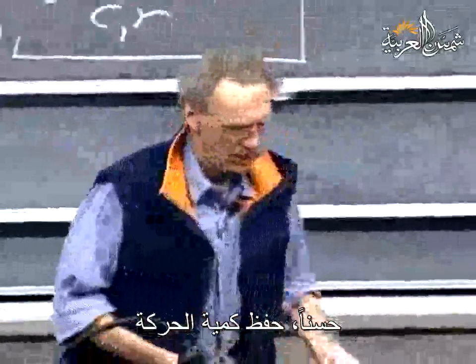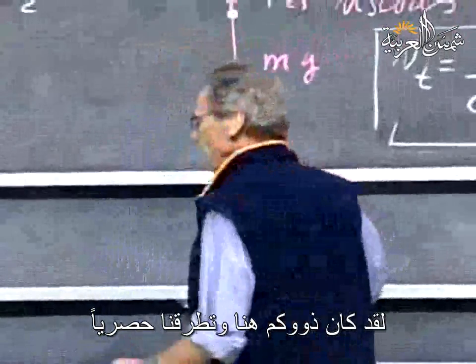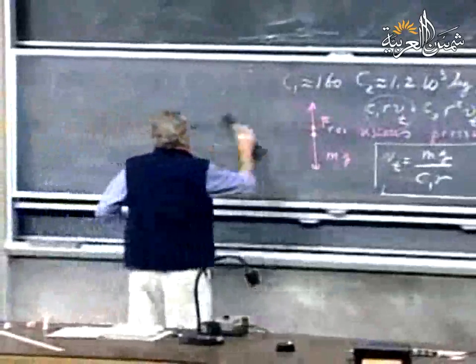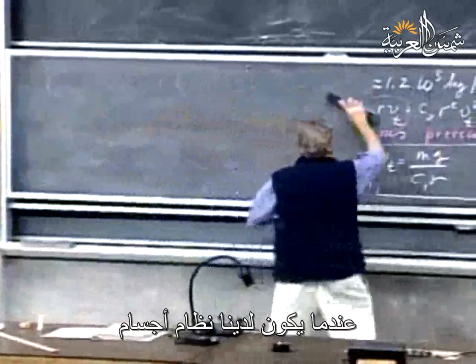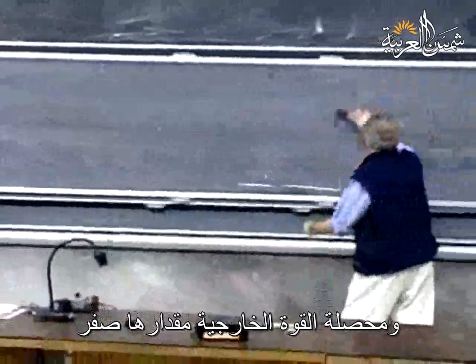Okay, conservation of momentum. We dealt with the conservation of momentum in one lecture. Your parents were here. And we only dealt exclusively with completely inelastic collisions. Whenever we have a system of objects with zero net external force, the momentum must be conserved.